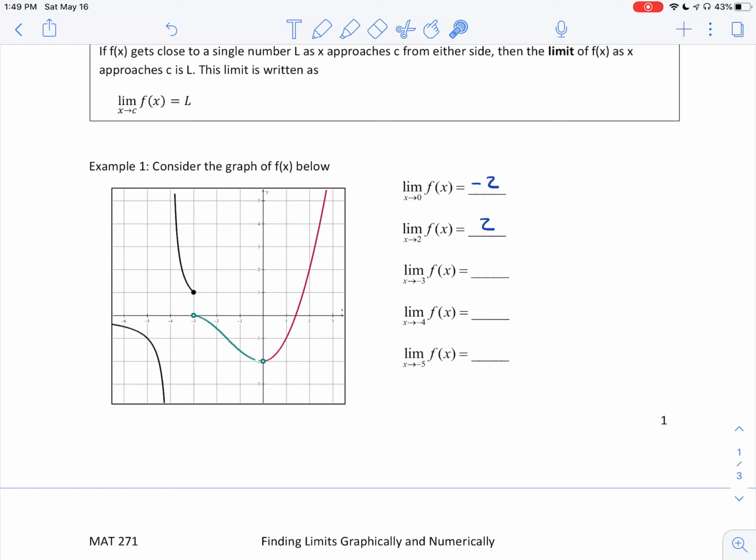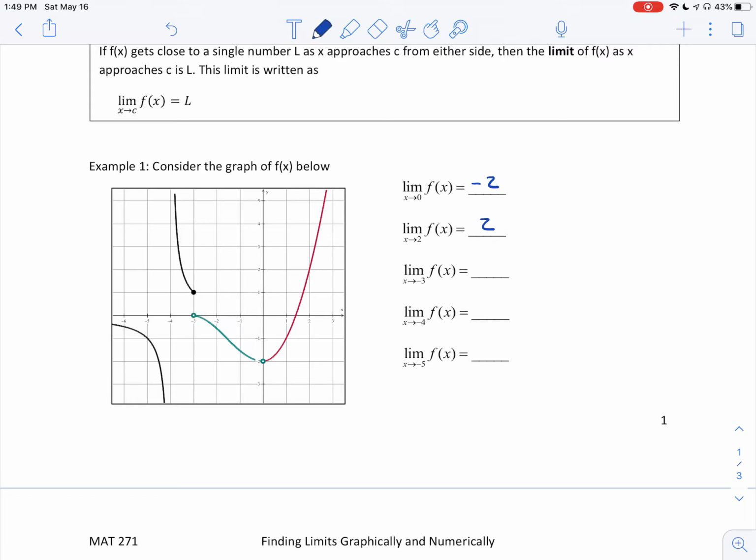Next, the limit as x approaches -3 of f of x. So let's again start from the left. So as x approaches -3 from the left-hand side, our y's start to approach a +1. But as x approaches -3 from the right-hand side, our y's are approaching 0.